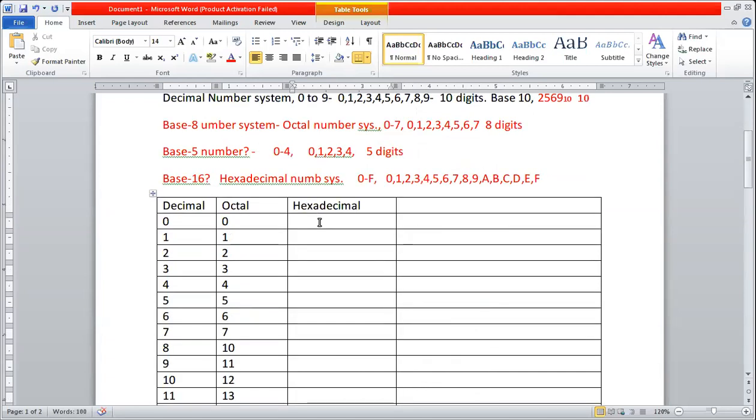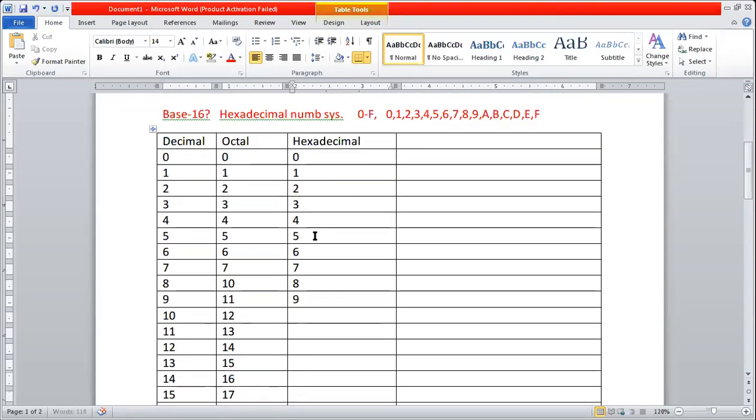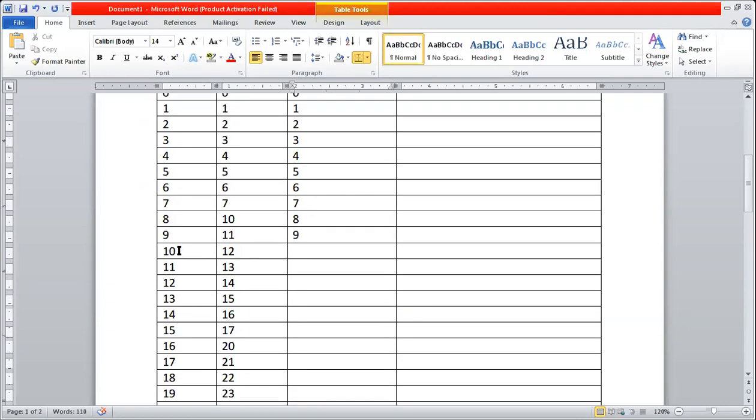What about hexadecimal numbers? We have 0 to 9. So 0 is represented the same in all other systems, as 0 only. The 1 is represented as 1 only. 2, 3, 4, 5, 6, 9. And then the 10 in decimal is a combination of two digits.